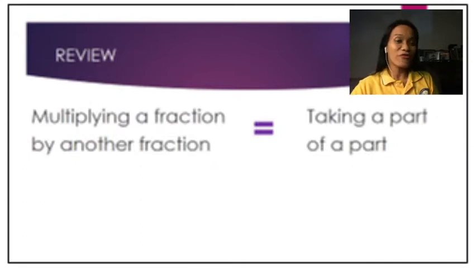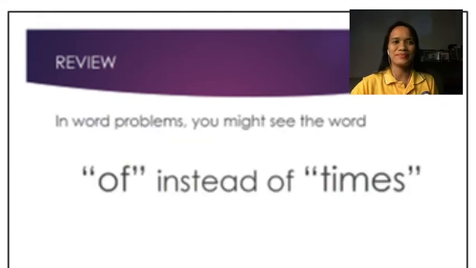If you think of fractions as parts of something, then multiplying a fraction by another fraction is the same as taking a part of a part. And sometimes, especially in word problems, you might see the word of instead of the word times.